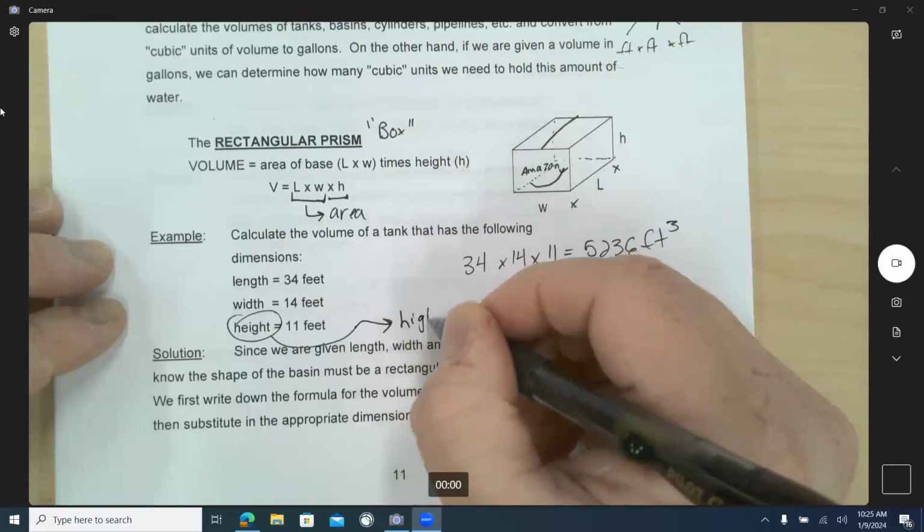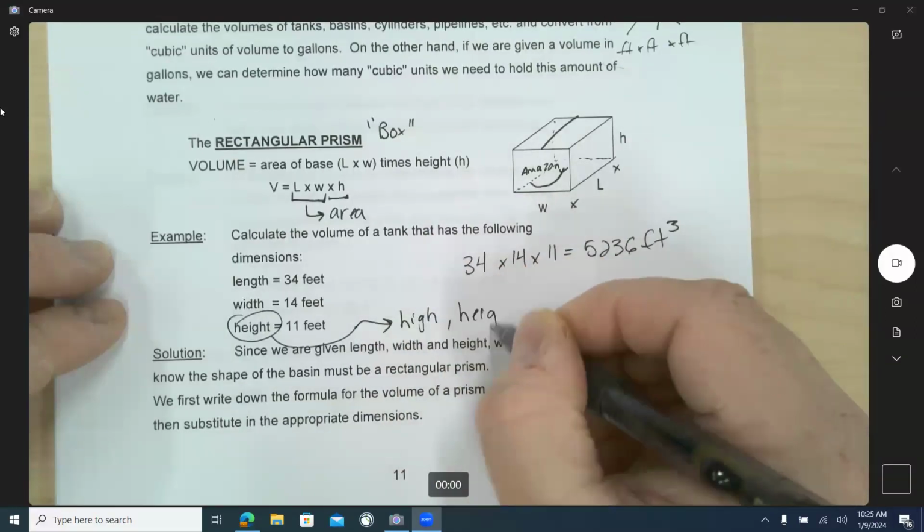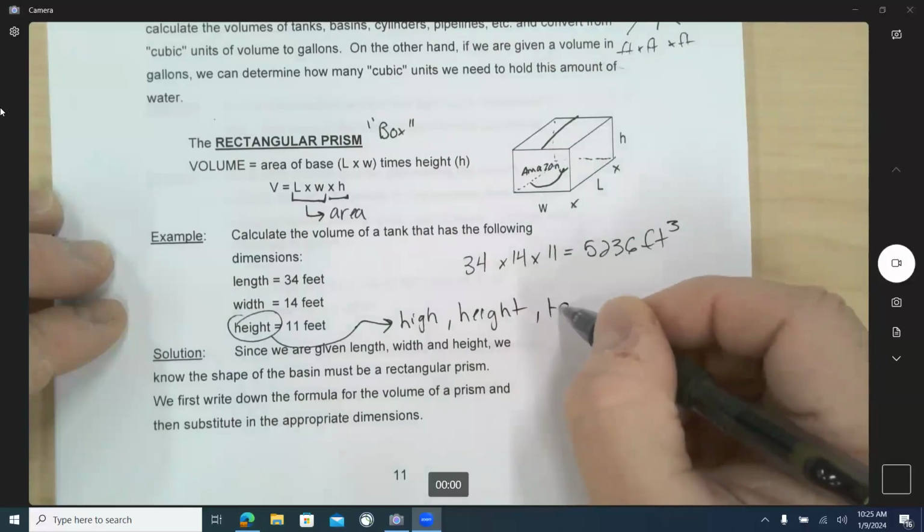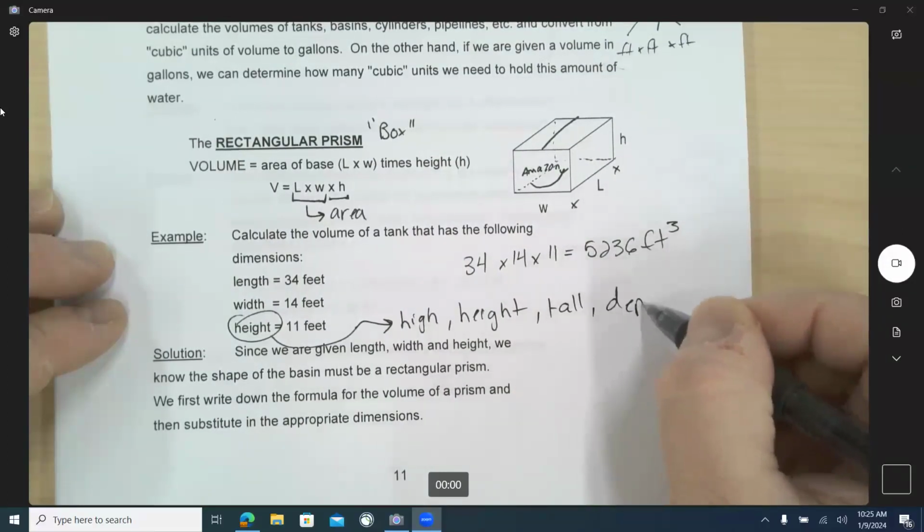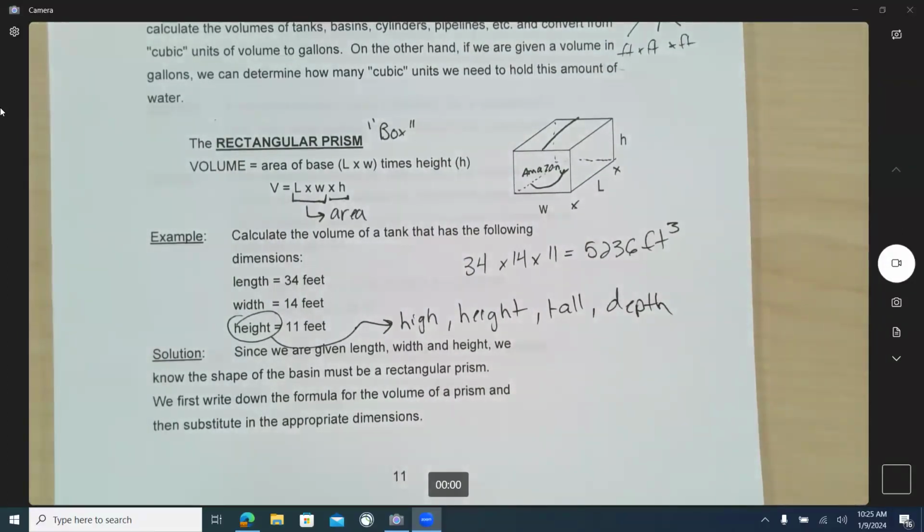Now, one thing to keep in mind, this word height here can be numerous names. It can be high, it could be height, it could also be tall, and how about depth? Because if we're talking about the depth of a filter, depth of a basin, you could be saying the depth. It's the same meaning, just different words, okay?